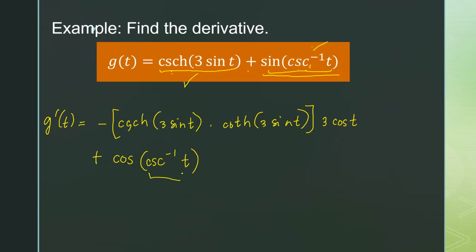Tapos we differentiate this. So ang nire-recall natin yung derivative of sine u with respect to t. This is equal to cosine of u times the derivative of that u with respect to t. Parang yun yung u prime natin. Okay? So same as this one. Ayun yung, ito naman yung nag-serve as our u temporarily. So yun, kinopya muna sa ating formula before we get to differentiate that.